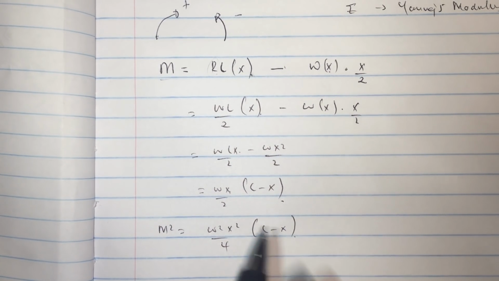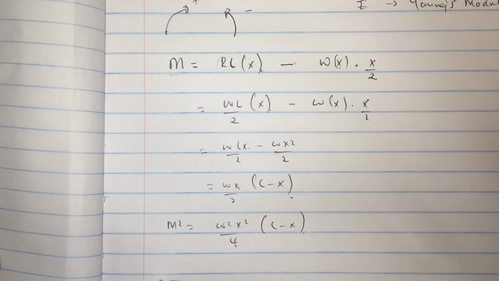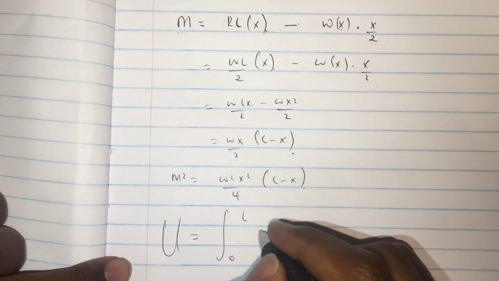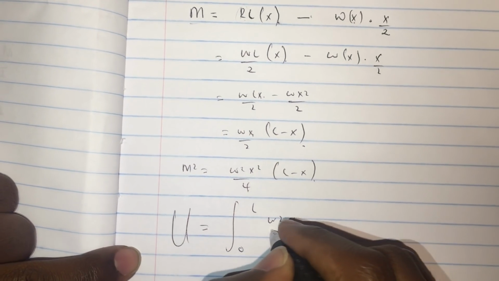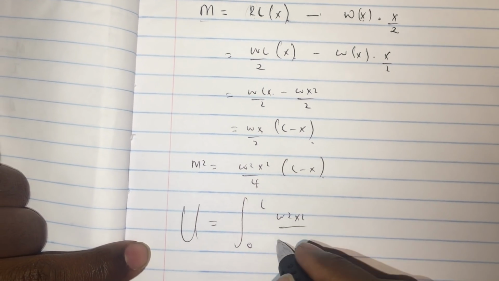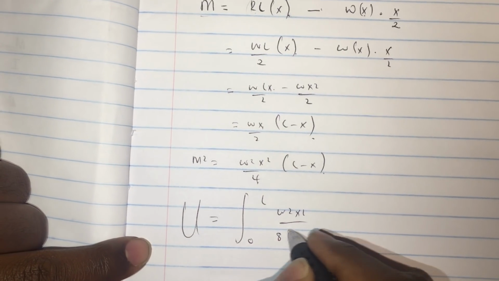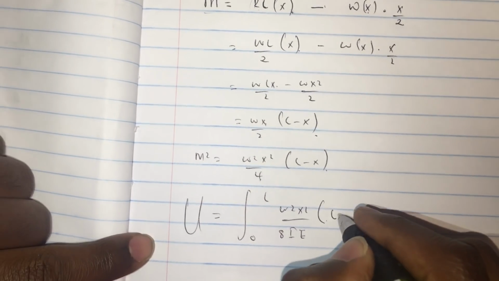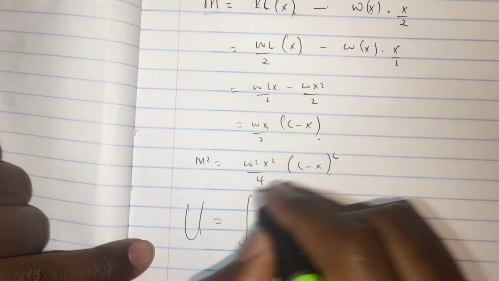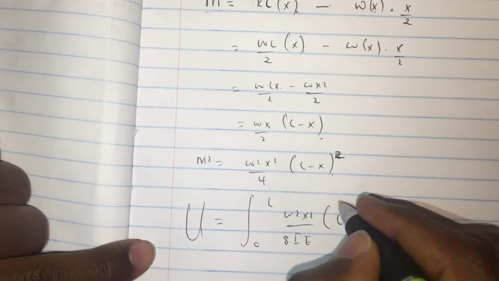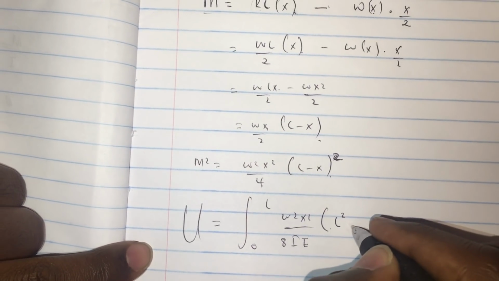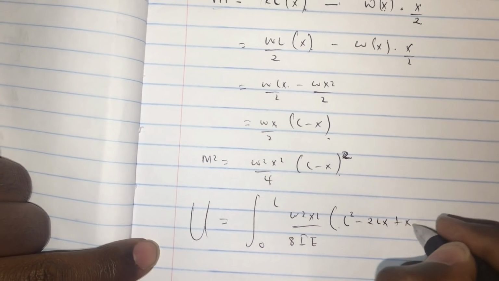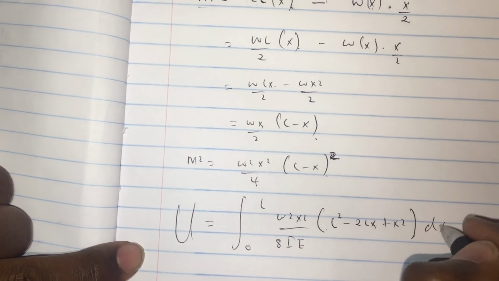Now we just take this and substitute it in the equation of strain energy, where U is equal to the integral from 0 to L of omega squared x squared over 8 IE, bracket, this one we expand it, sorry, it's supposed to be squared here, we expand it, L squared minus 2Lx plus x squared, dx.